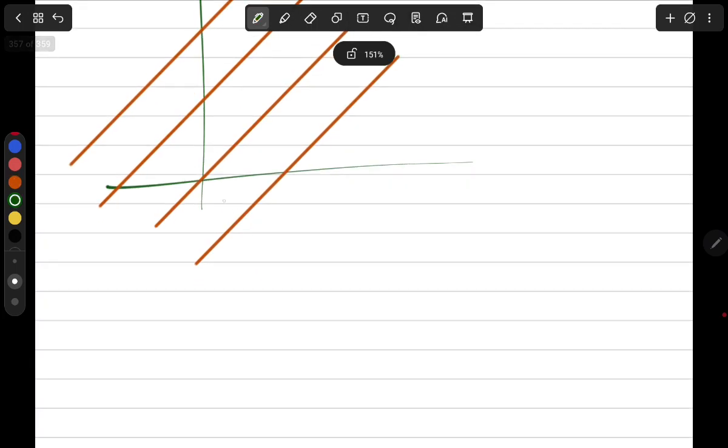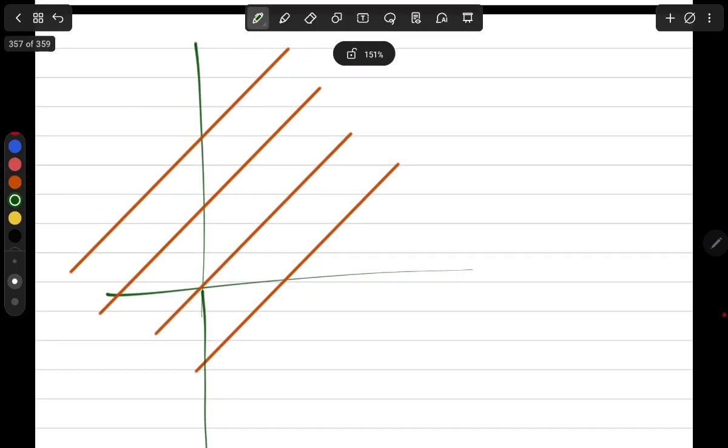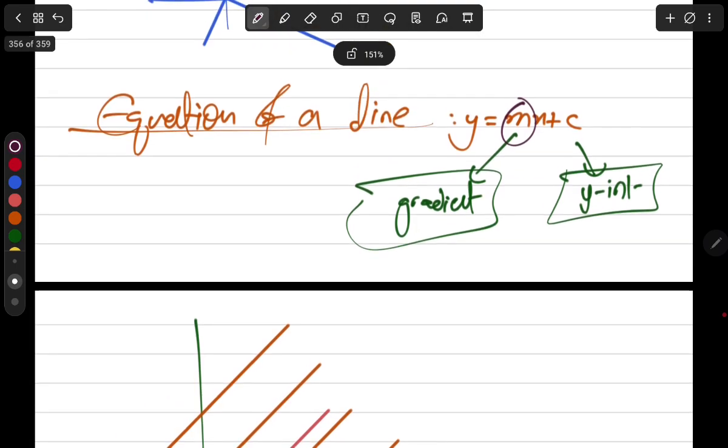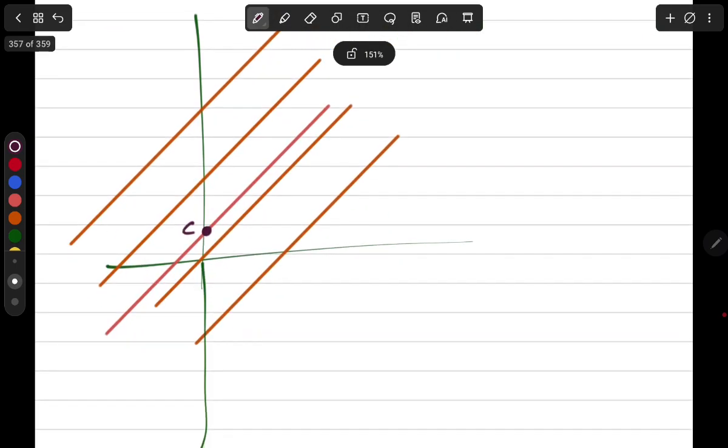However, how will you make sure that we are talking about this particular pink line that's passing through this? We can only make sure that it is anchored at this particular point if we can log the position at which it cuts the y-axis. Therefore, along with the gradient, we must have the y-intercept as well.